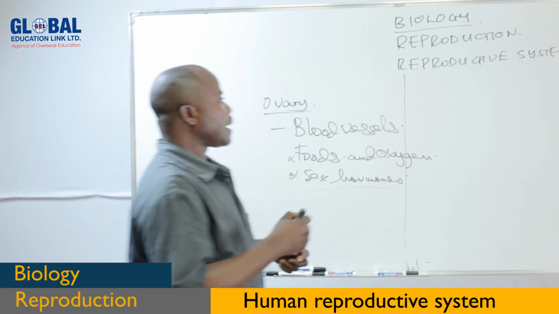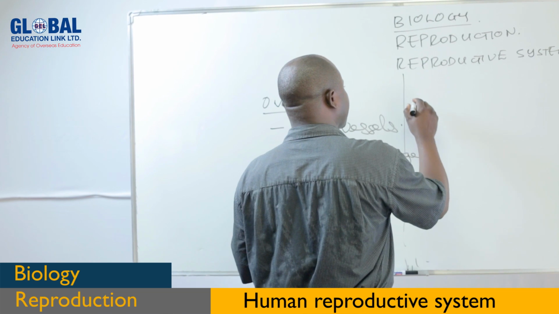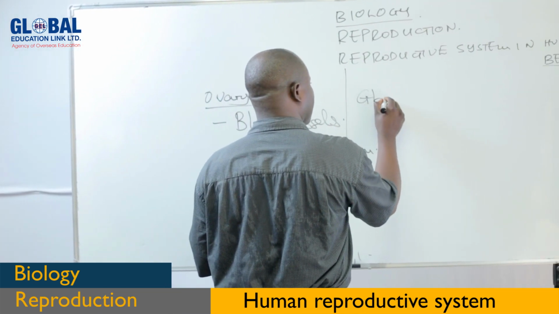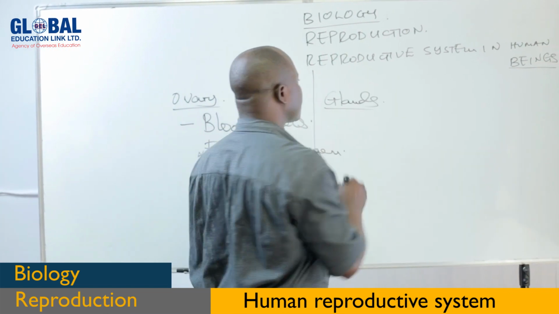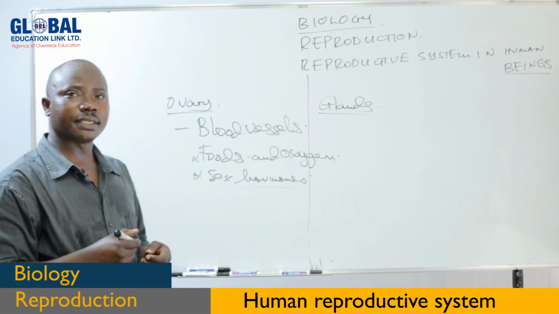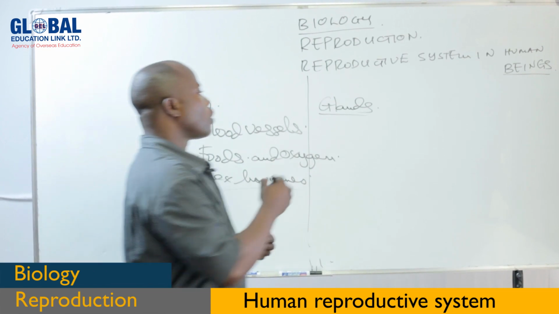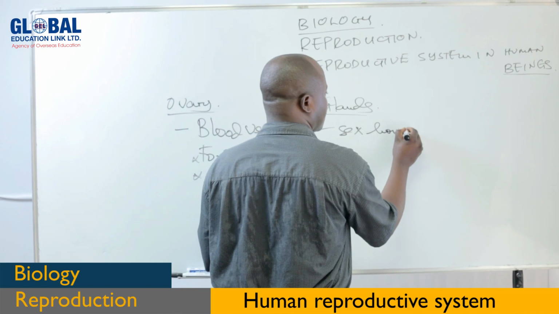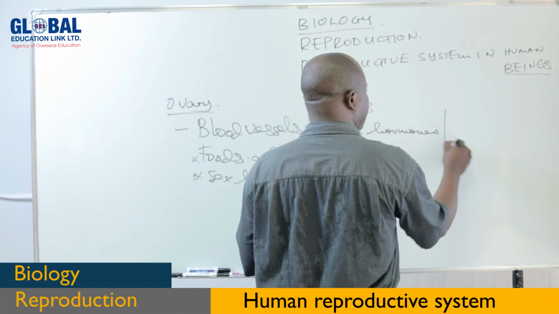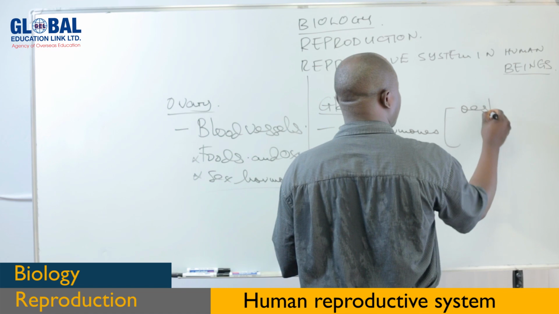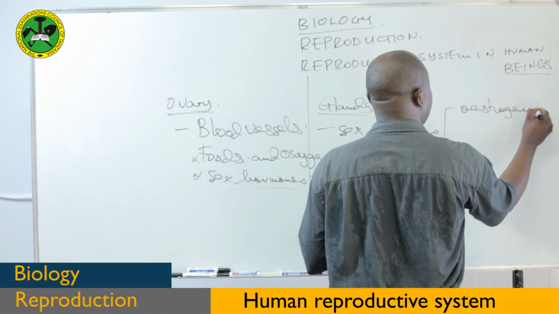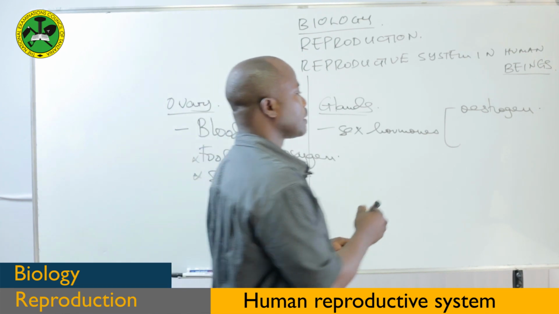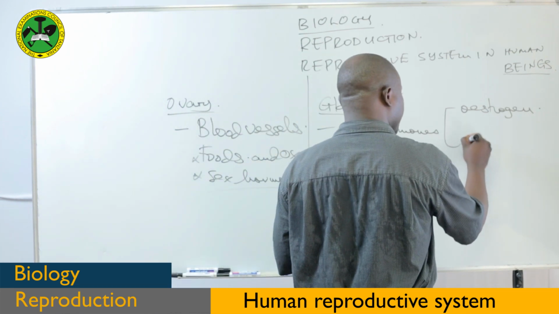Also, the inner part of the ovary has glands, cells modified for secretion of sex hormones, such as estrogen, which stimulates female reproductive cell production, but also you have progesterone.